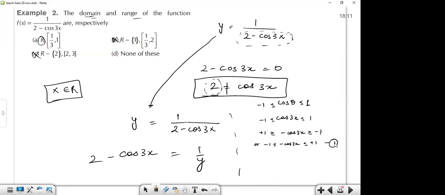Now adding 2 to this inequality on all sides, since we are finding the range of 2 minus cos 3x. So 2 minus 1 becomes 1, and 2 plus 1 becomes 3. Now we have found out the range of this. So this is 1 by y. So replace it with 1 by y.